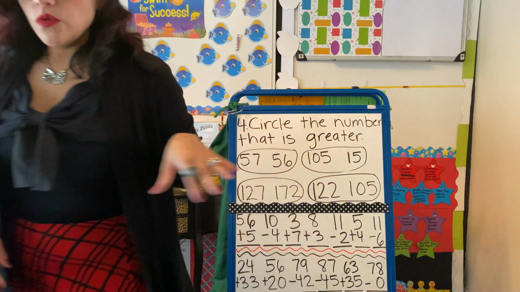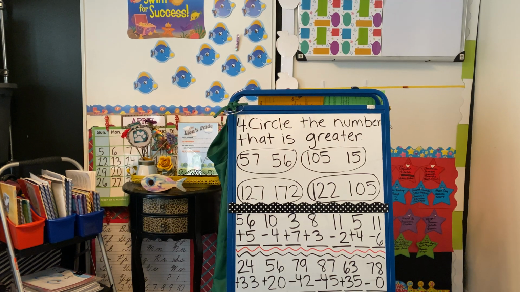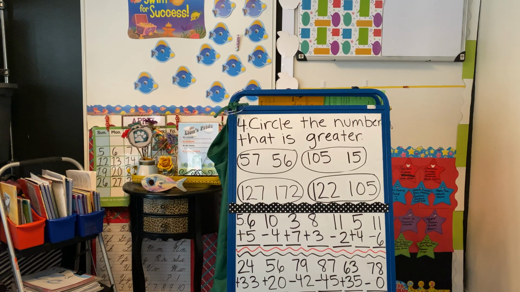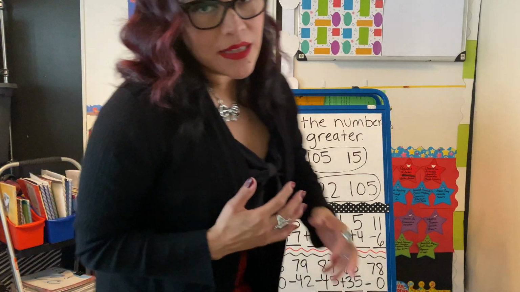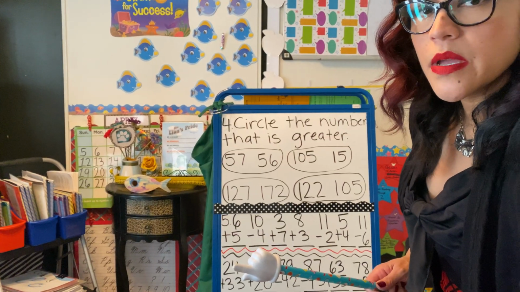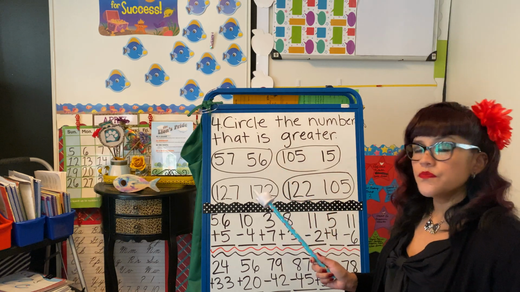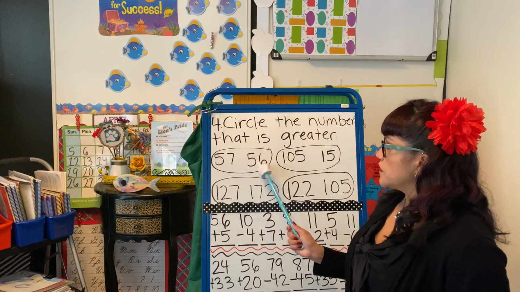All right, let me just make sure that you guys are able to see this information. Okay, and I'll be joining as well. All right, so we're comparing 57 and 56, class. Okay, so for the first portion we're comparing 57 and 56. Circle the greatest number out of the 2.